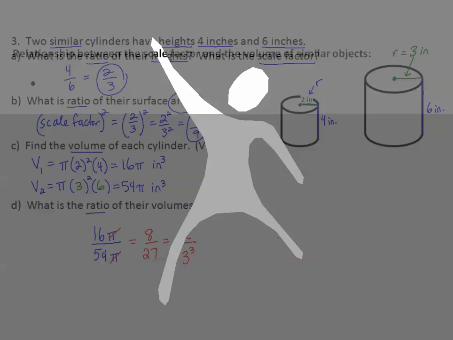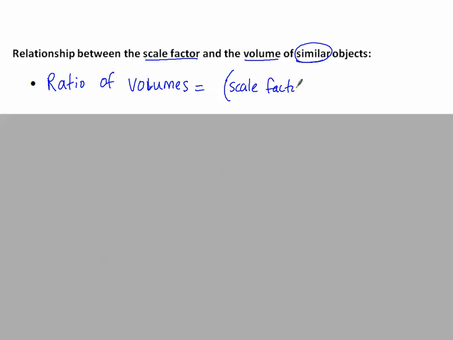So there we can write now the relationship between the scale factor and the volume of similar objects: the ratio of the volumes equals the scale factor cubed.